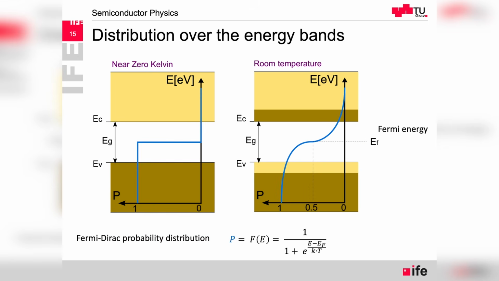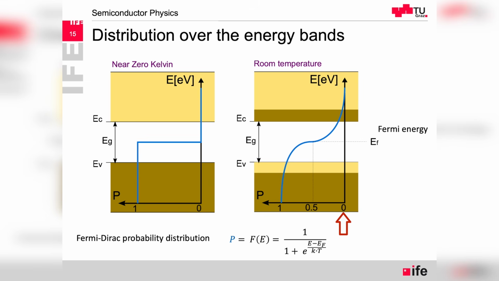And if we look at the distribution over the energy, so that we get to the topic of the probability, then near 0 Kelvin, we are sure that all the electrons are in the valence band, and none of them are in the conduction band.